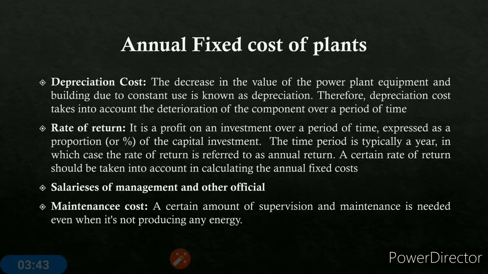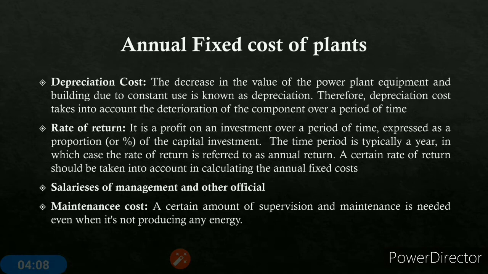And at the time of replacement by a modern one, we have to accumulate some amount of funds to purchase the new. So this depreciation cost is nothing but the amount of money accumulated over a period of time. This depreciation cost is part of the annual fixed cost of the plant.